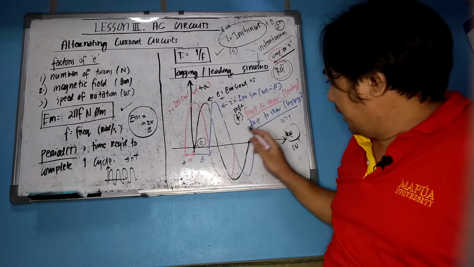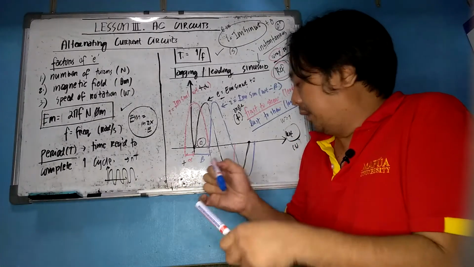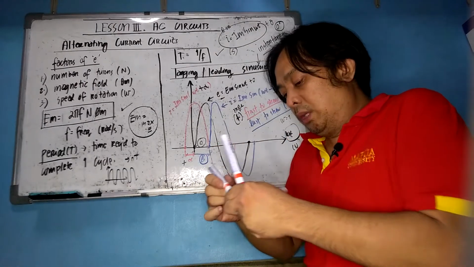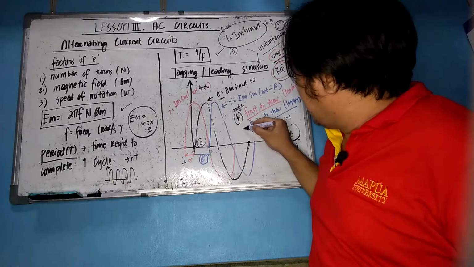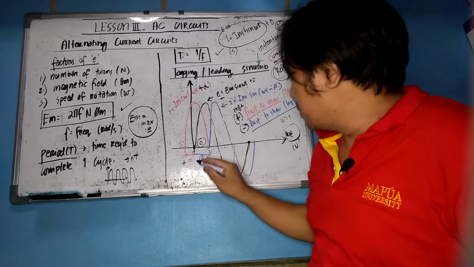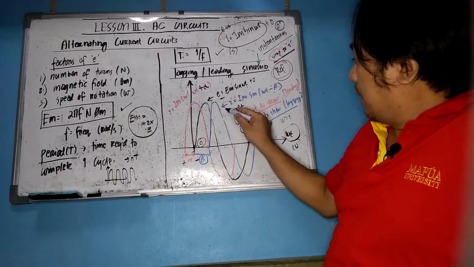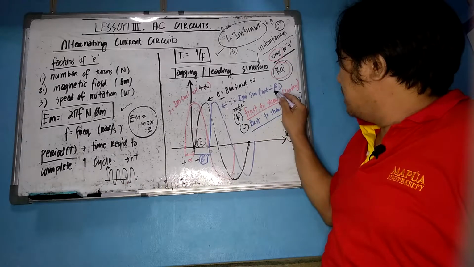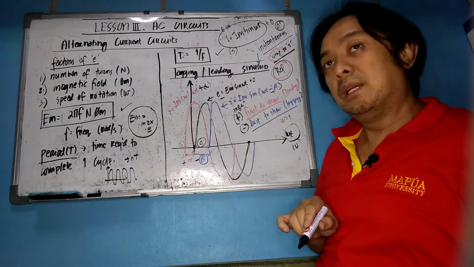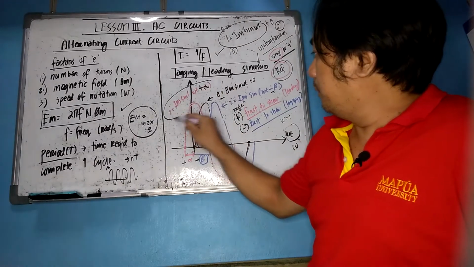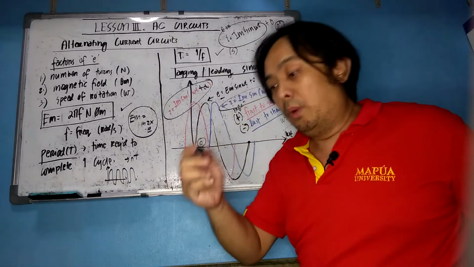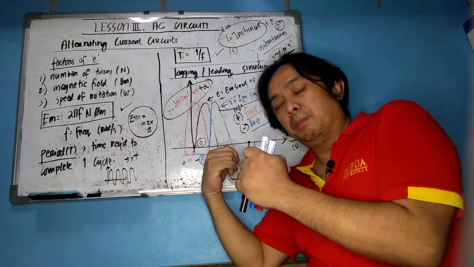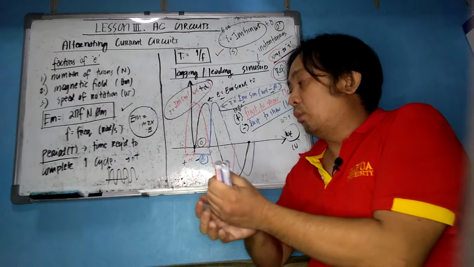And since the blue here is last to show, this blue here, I could say beta, it means lagging, and the angle is negative. So i instantaneous is equal to Im sine omega t, but the angle is lagging and it is negative beta. We will make use of this analysis on one of our main problems later.